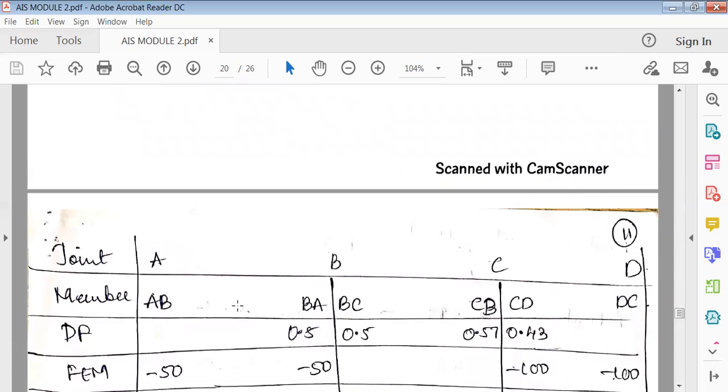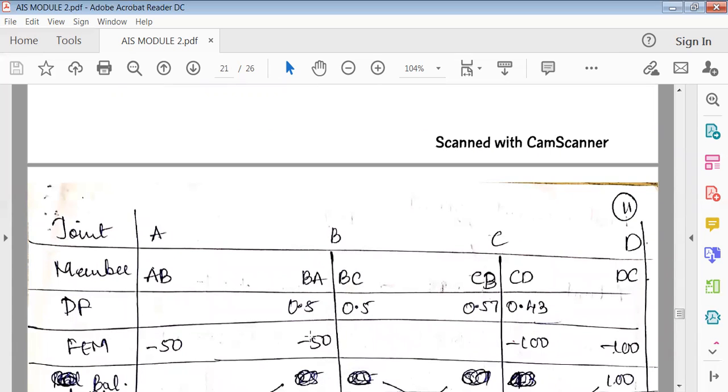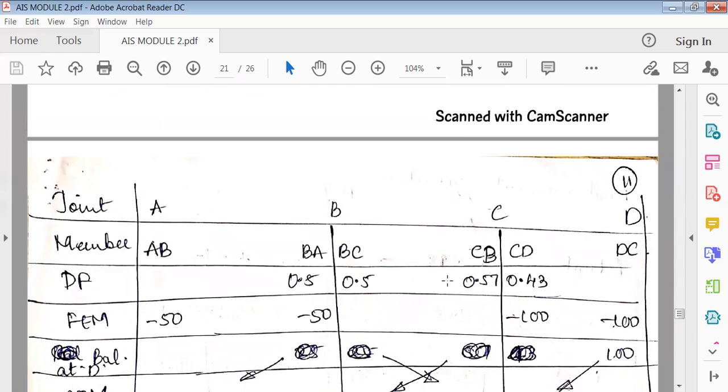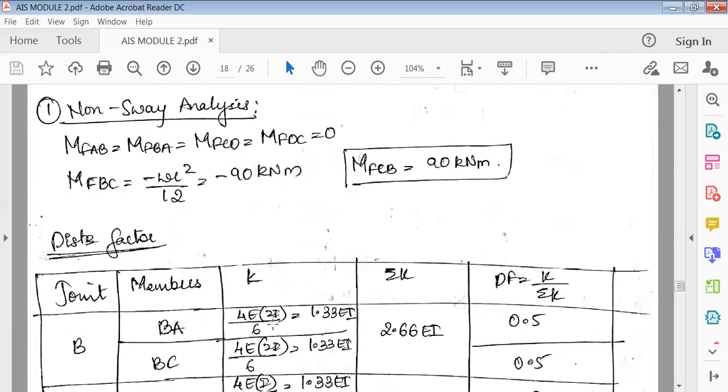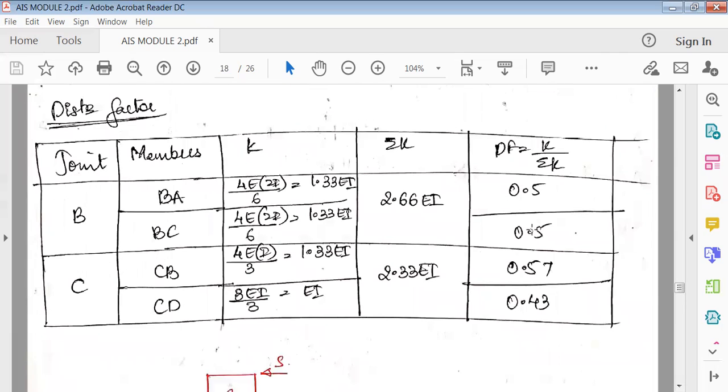In the moment distribution table, the distribution factors would be the same because nothing has changed, the same as what we did before for non-sway analysis: 0, 0.5, 0, 0.5, 0.75, 0.57, 0.43.